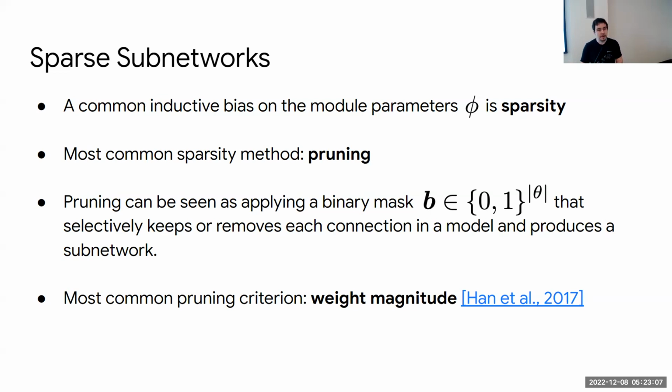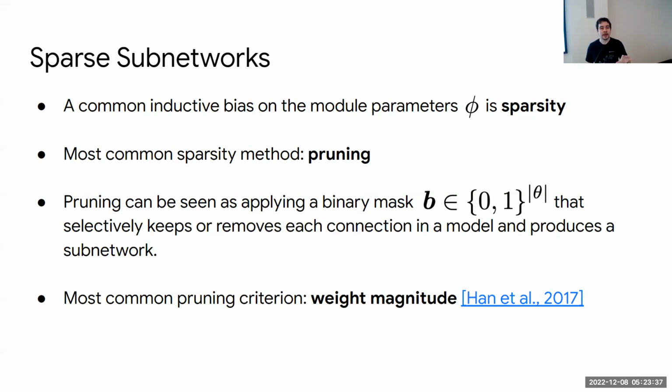The most common way that we can induce sparsity is via pruning. And pruning can be done in different ways, or can be seen from different perspectives. One way that you can view pruning is by essentially applying a binary mask to the model, on the level of the individual weights, that for each weight decides whether to keep its weight parameter value, or whether to remove it, so to set it to 0.